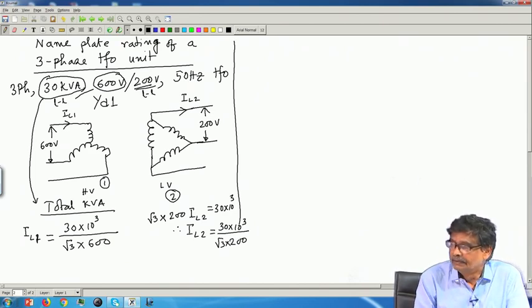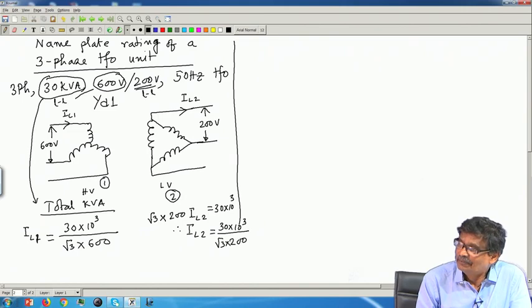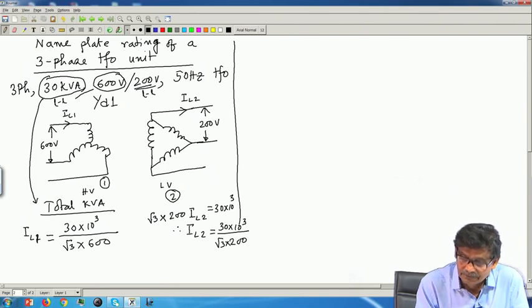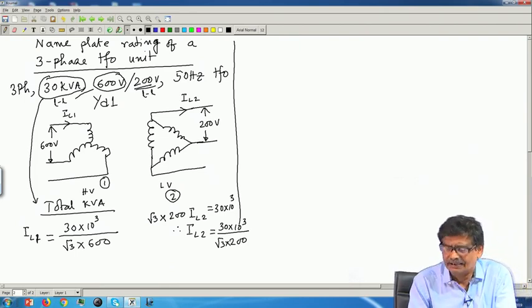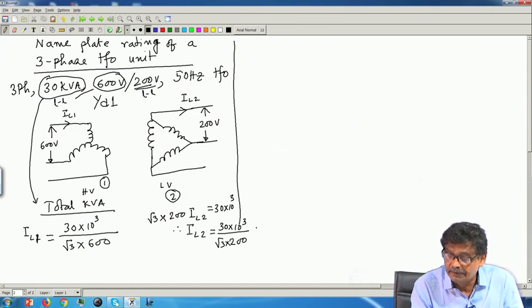Got the idea? Approximately how much will it be? Anyway, you calculate, then tell me. So, these are the line currents, in ampere, mind you.